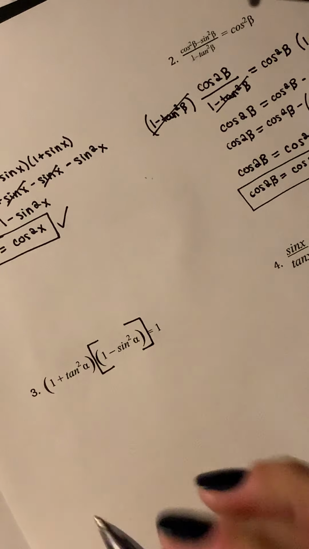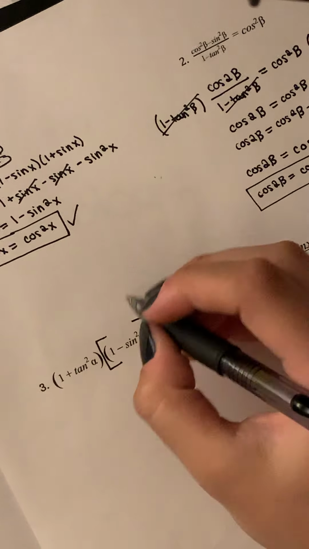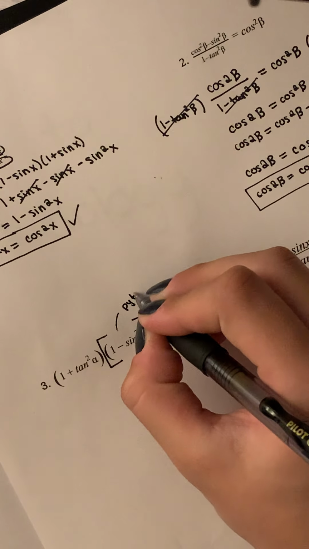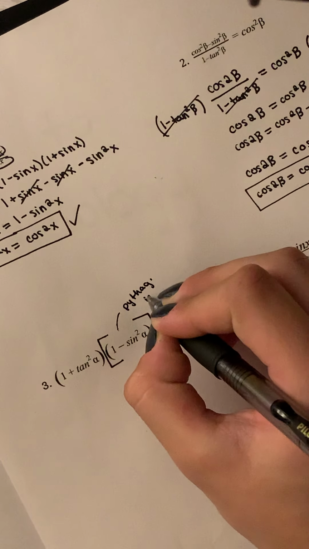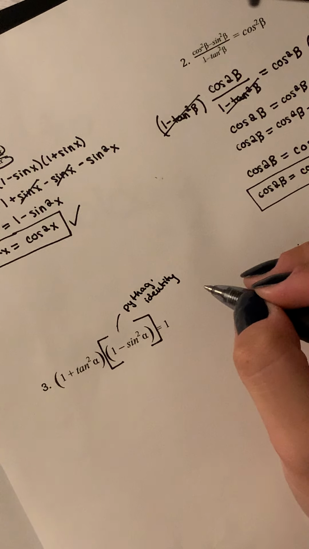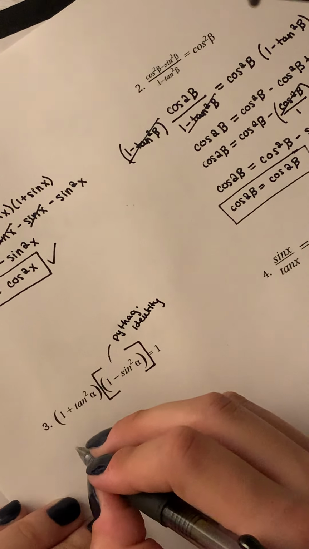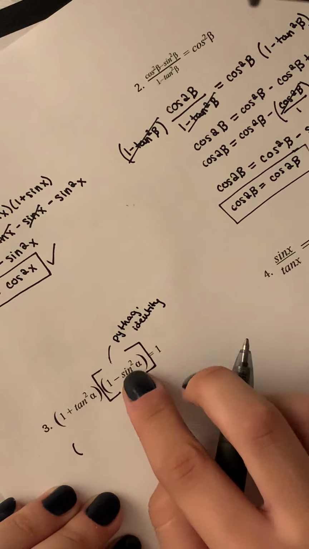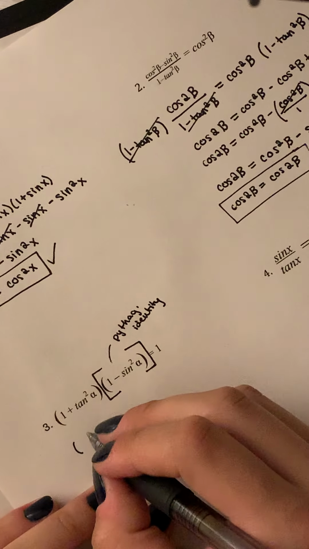We know that that's one of our Pythagorean identities, and so we know that we can substitute cosine squared a in for that value.